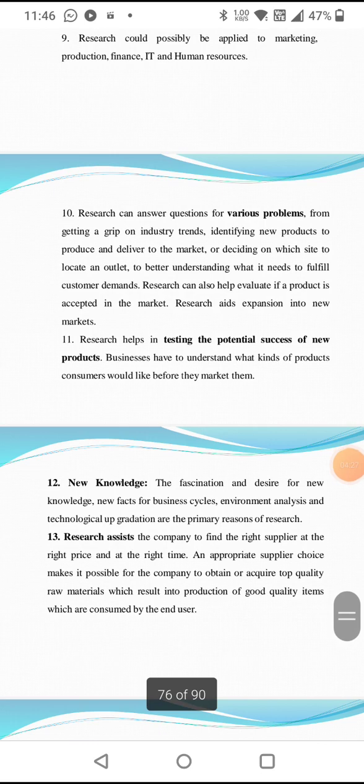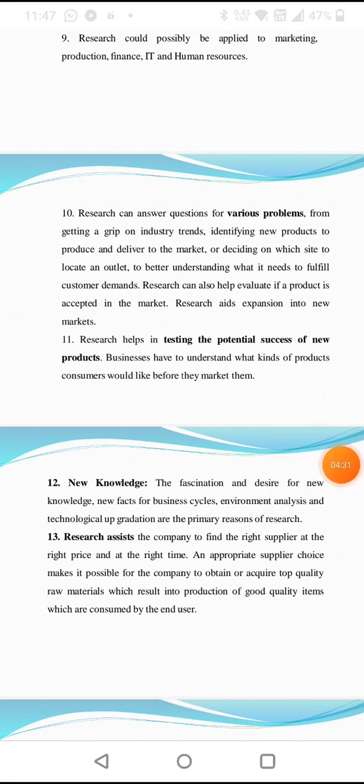And the next being new knowledge. So what do you mean by that? This new knowledge is the fascination and desire for new knowledge, new facts for business cycles, environmental analysis, and technological upgradation. They are the primary reasons for research. Also, research assists the company to find the right supplier at the right price and at the right time.